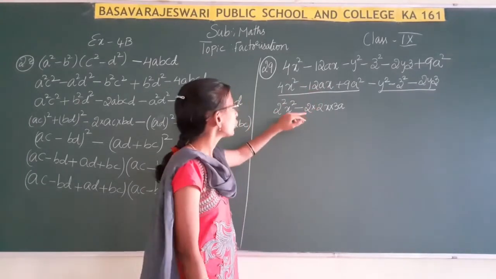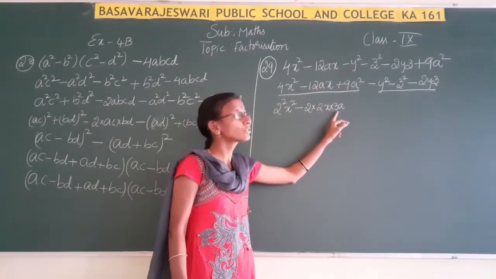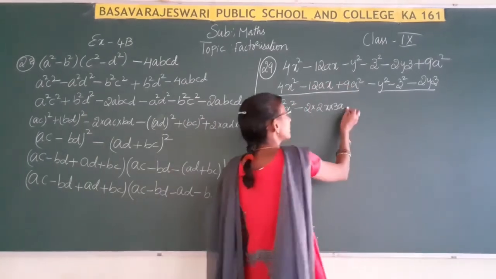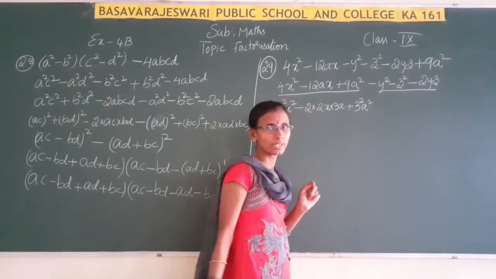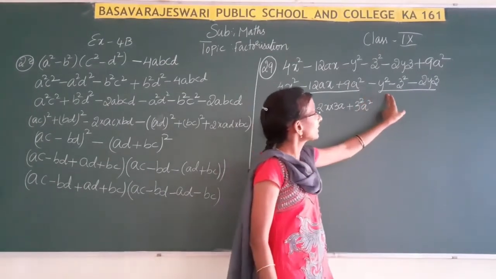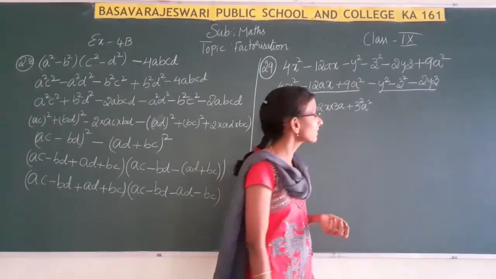Okay, so I have written 12ax as 2 into 2x into 3a. And this we can write as 3 square a square. Now in all these three terms, what common can we take? Minus we can take as a common.